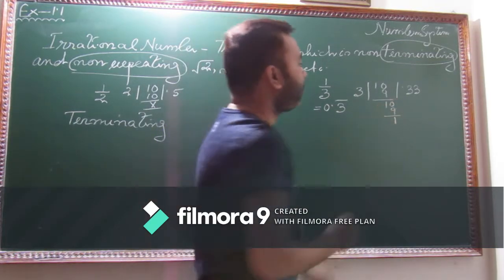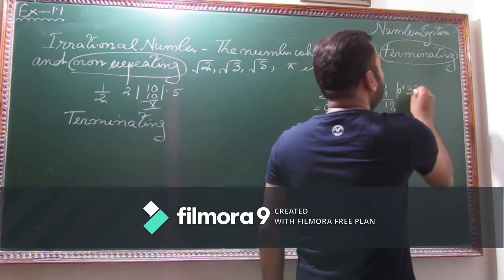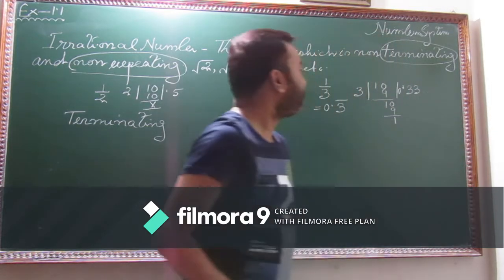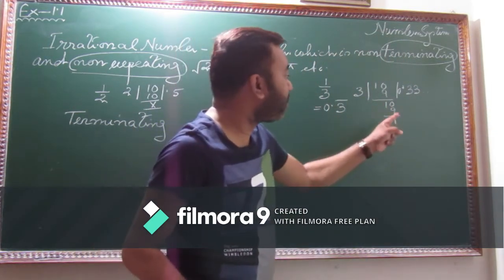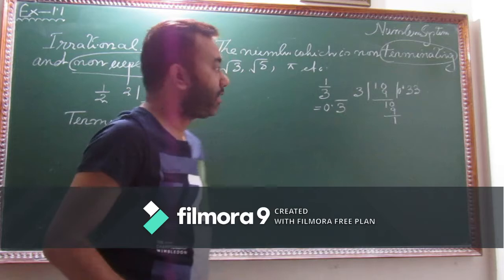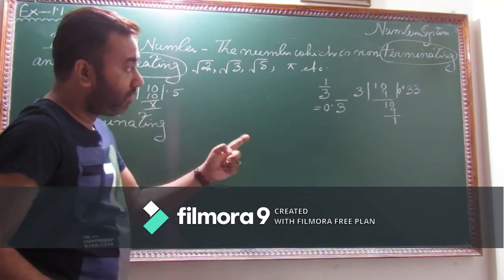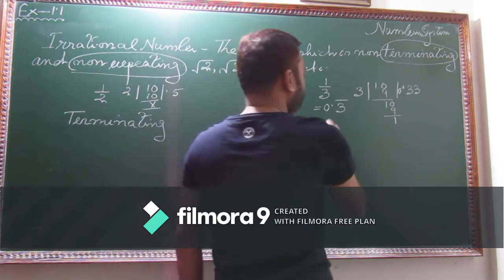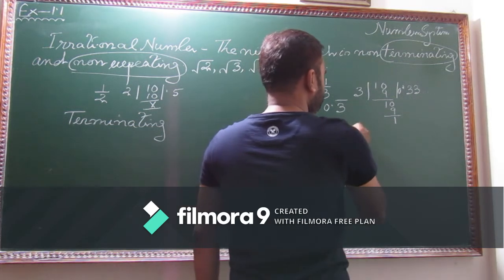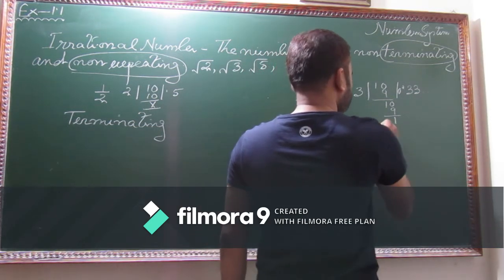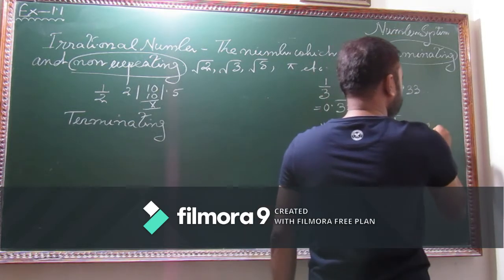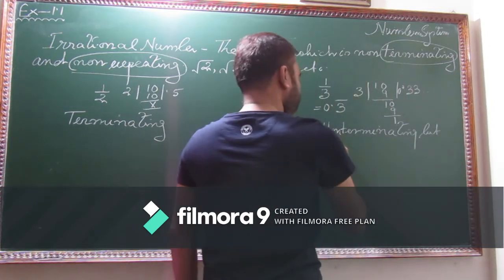Basically it is 0.33333, it will continue. So 0.333 means 0.3 bar. So this is non-terminating but repeating.